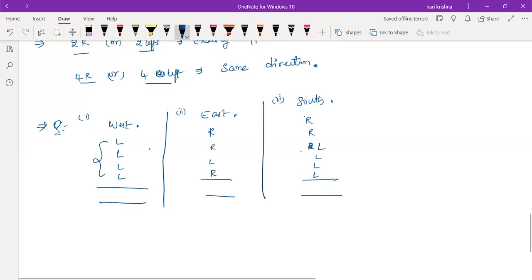So initially it is west. So again, it will be west only.